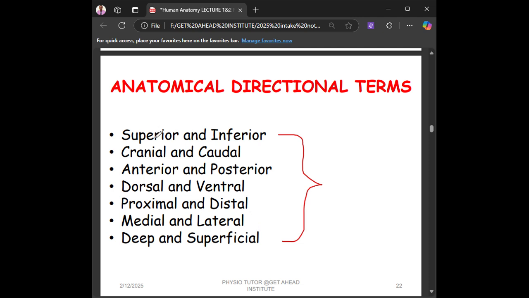You cannot use superior and caudal. It doesn't make sense. Superior goes with inferior. If you are talking about cranial, then you can use caudal. Anterior is also front, posterior is back. But you can't say anterior, back. It should be anterior, posterior, or front, back. Just like that.